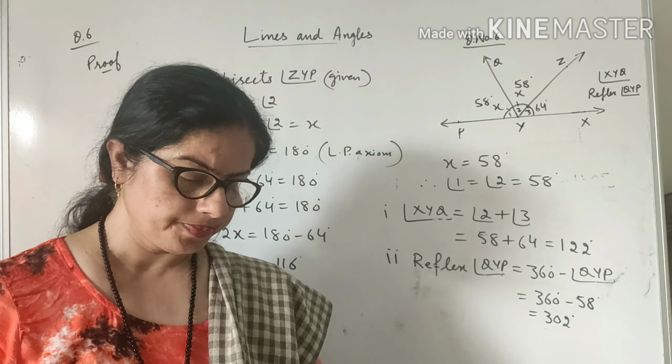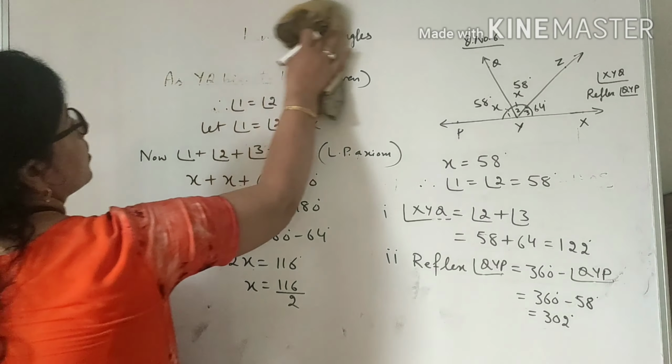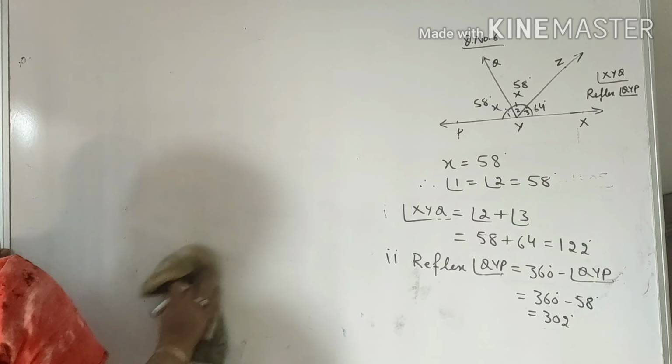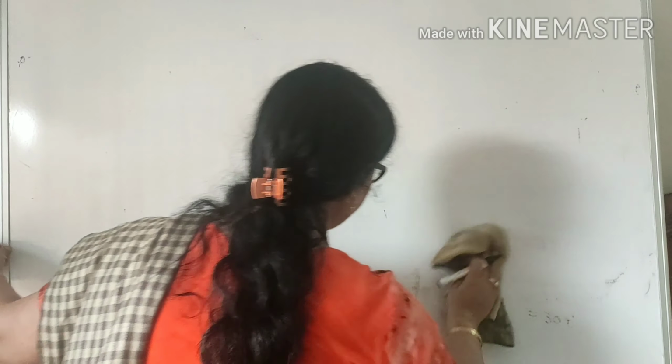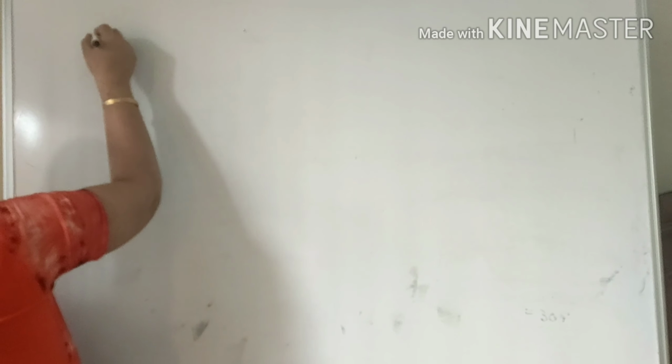Now we are doing one theorem: angle sum property of a triangle. You know what is the angle sum property of a triangle? In short we say ASP of triangle.